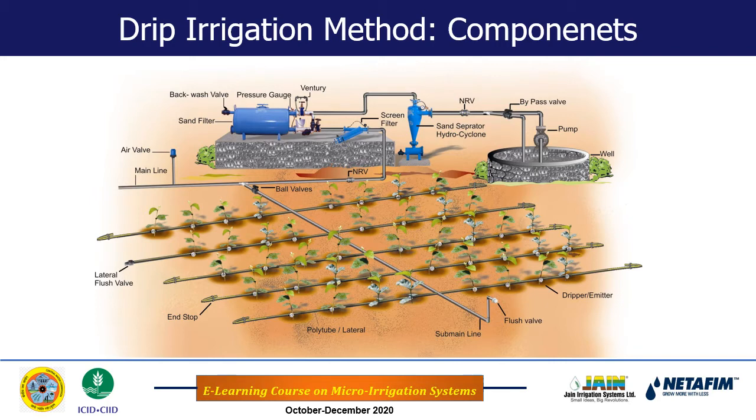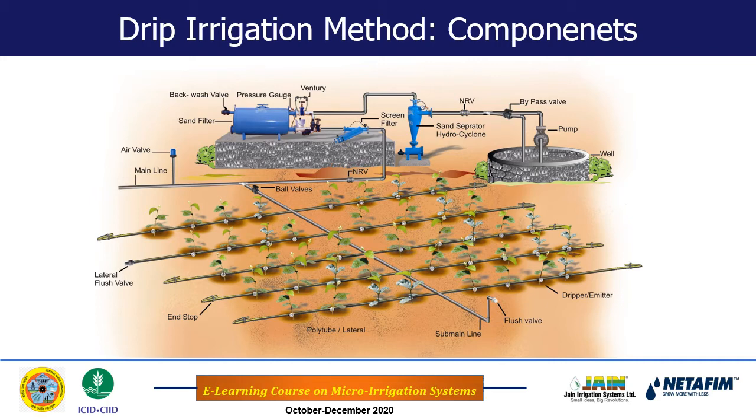And once water falls onto the soil surface, it will infiltrate into the root zone of the crop. So in this way the irrigation is effected. As you see here, from the water source up to the root zone, water is communicated through a network of pipes, and virtually there are no conveyance losses here.